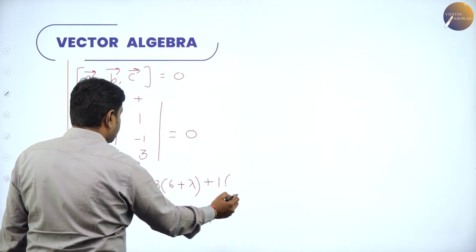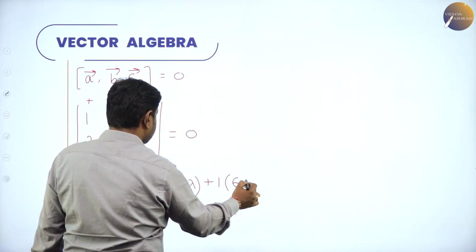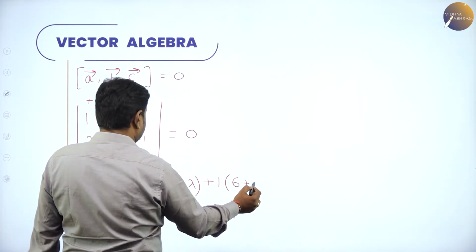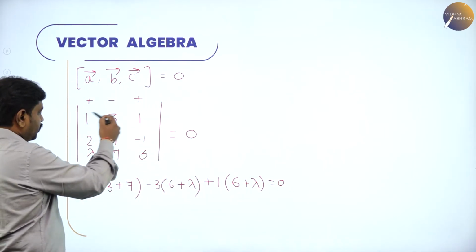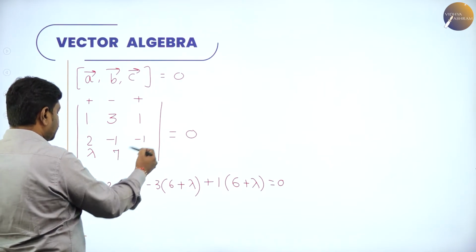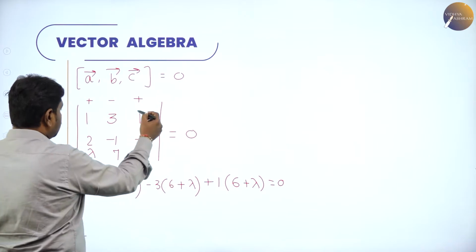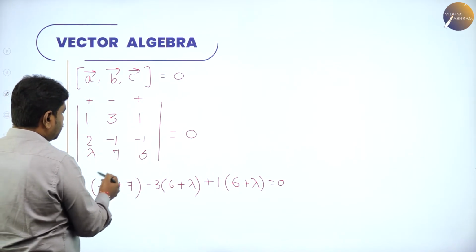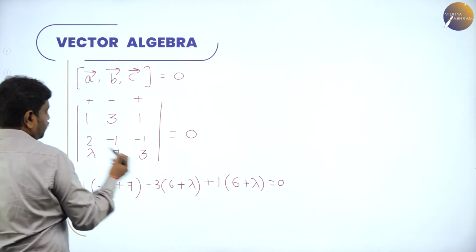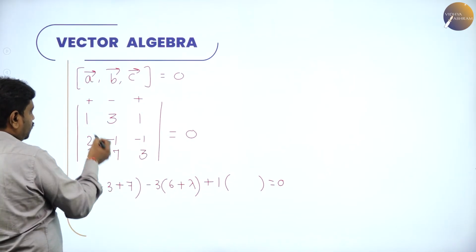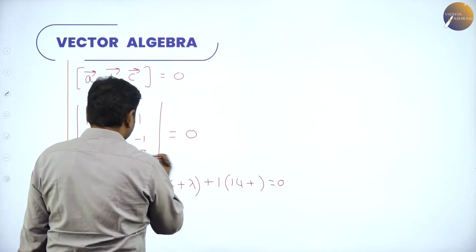Plus 1 into, delete the column, delete the row, we made a mistake in the last column. 2 sevens are 14 plus 1 into lambda is lambda.